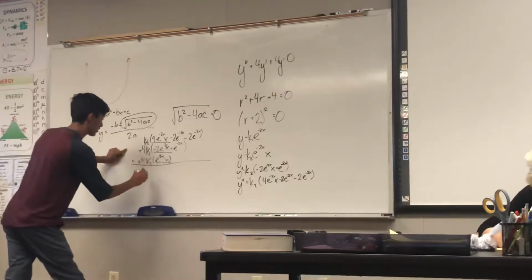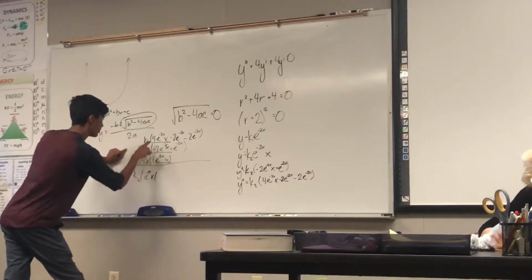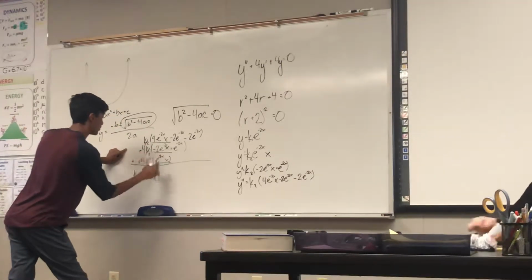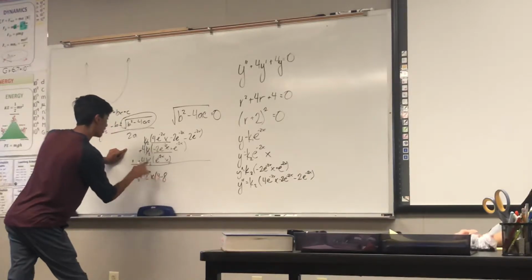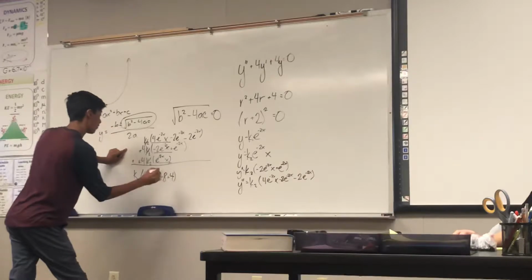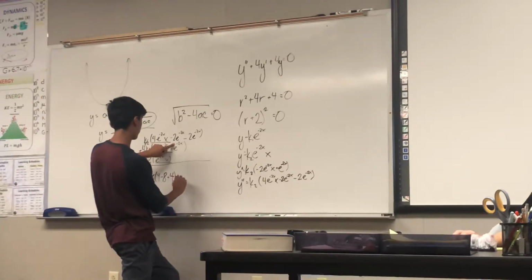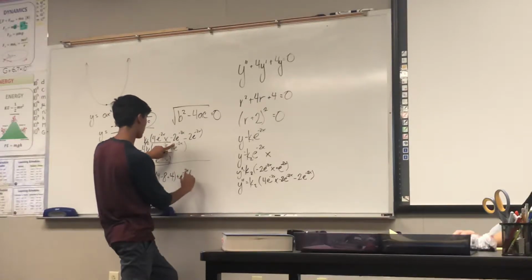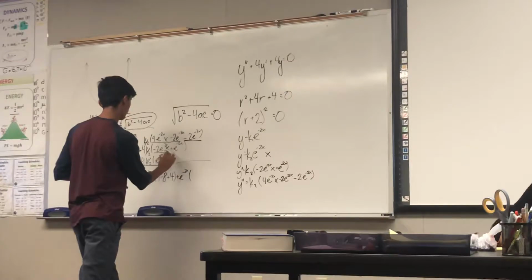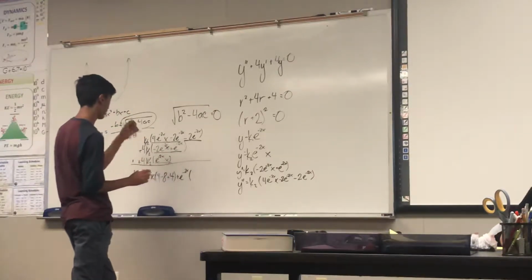I'll just factor out the e to the negative 2x x again. And then you just do the coefficients: 4, and then plus 4 times negative 2 minus 8, and then plus 4. And then the e to the negative 2x terms: negative 2, negative 2, 1 times 4, and then 1 times 4.